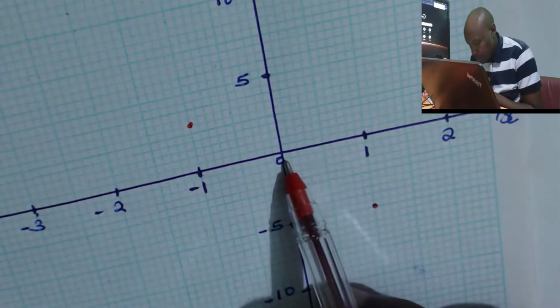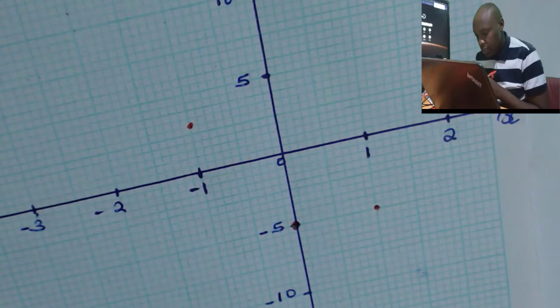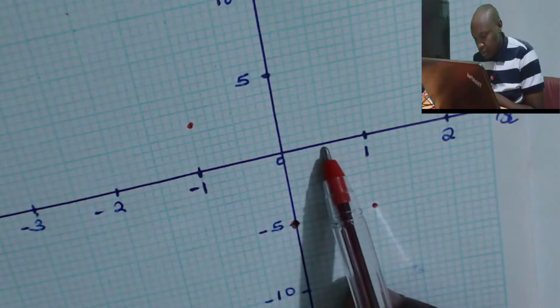So I introduced the point between 0 and 1, which is 0.5. So go to the table and use the calculator and use the function given there. You feed in x equals 0.5.